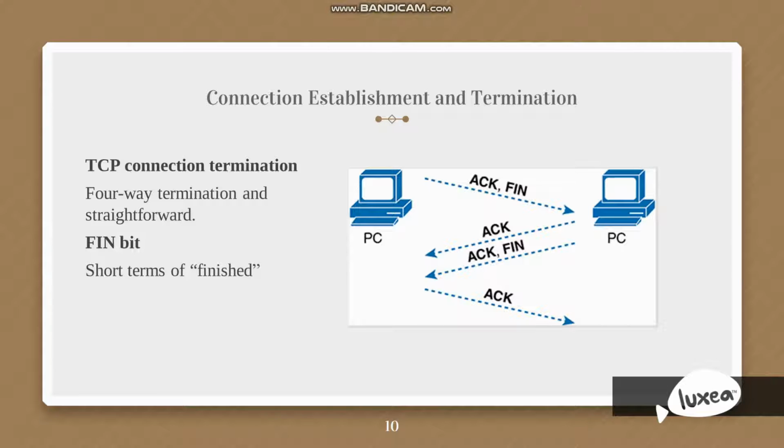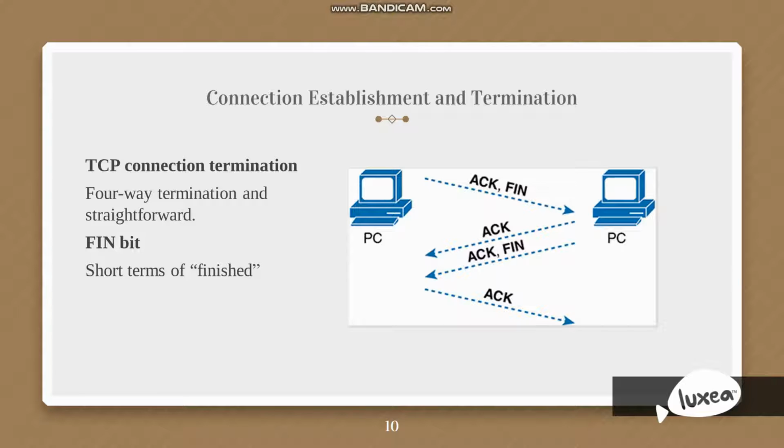Basically, the PC on the left sends FIN, and the right PC tells the application about the closing signal. It sends ACK, then waits for the application to finish, and sends FIN and ACK together and closes.